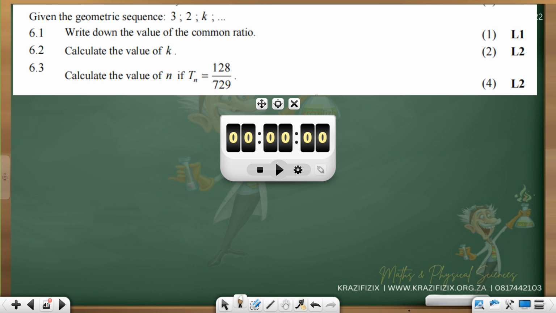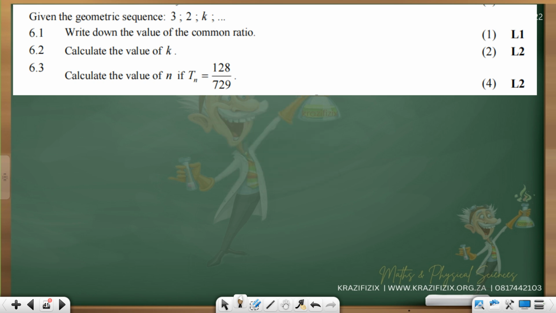Okay. Somebody give me an answer to the first one. Unmute yourself quickly. Talk to me. It's 2 over 3. Do we agree? They already told us that it's T2 over T1. Correct.